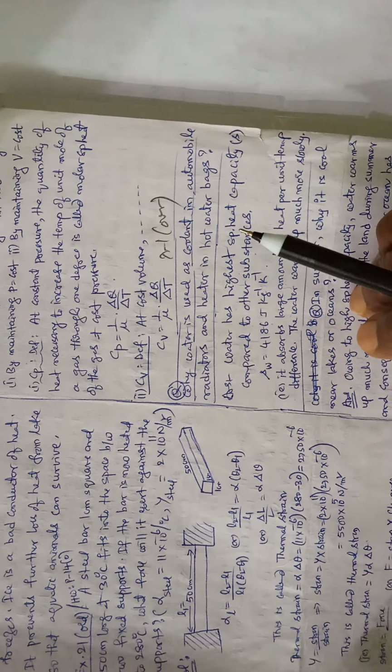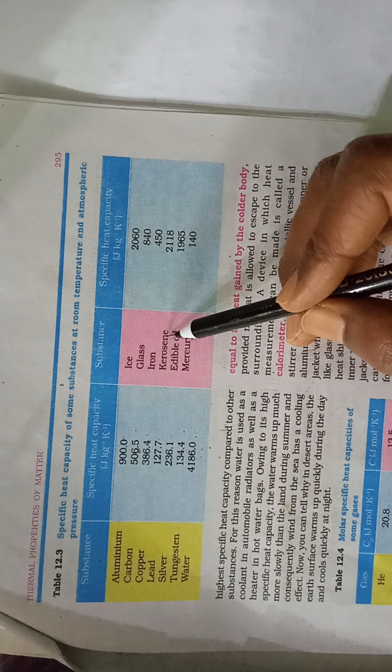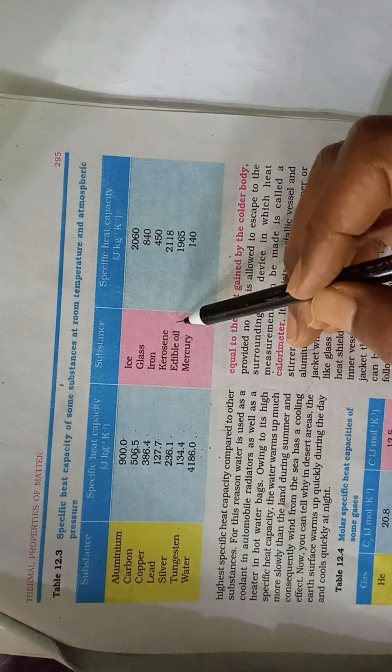See, if you consider other things, they have lower values. For example, suppose we take kerosene, or let us consider edible oil, 1965. See, instead of water, if you take this, just absorbing this much heat energy, its temperature rises by 1 degree centigrade. So if you use this, it absorbs less energy and its temperature increases quickly.